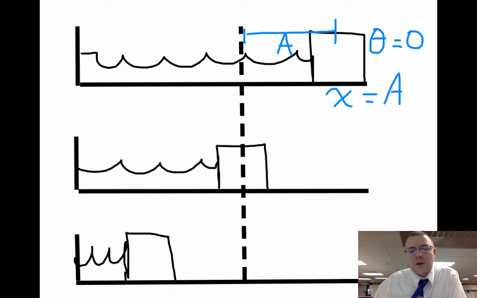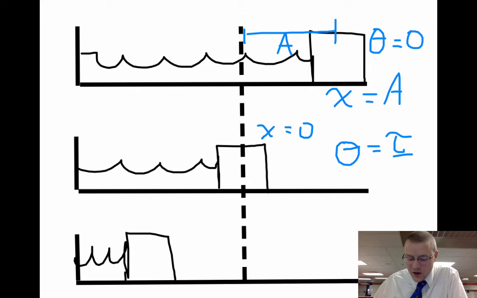As the mass rockets back to the equilibrium point, we can now say that my x equals 0 at this point. Well, how in the world can I have no displacement? To have no displacement, since it's a cosine function, I need to be 90 degrees through my oscillation, or in this case, a quarter of my oscillation, or a quarter tau.